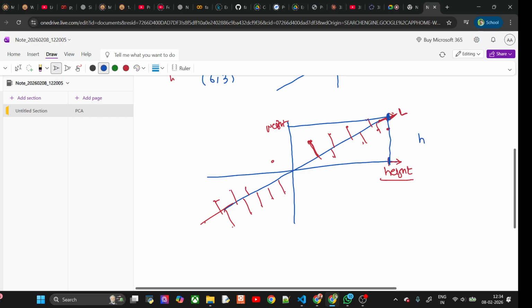So as height increases, weight also increases, which means they are dependent on each other. This feature y is dependent upon x.